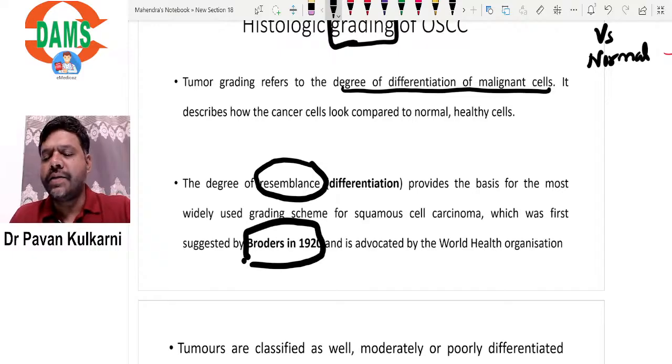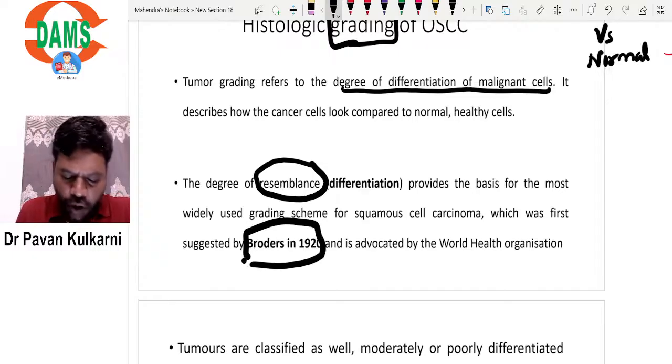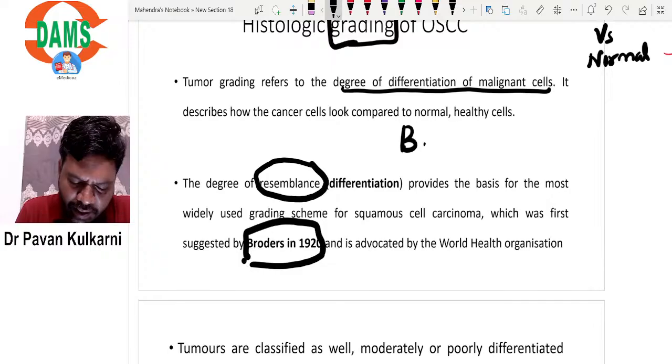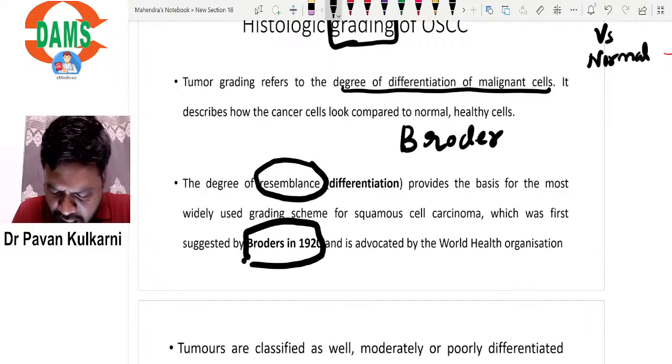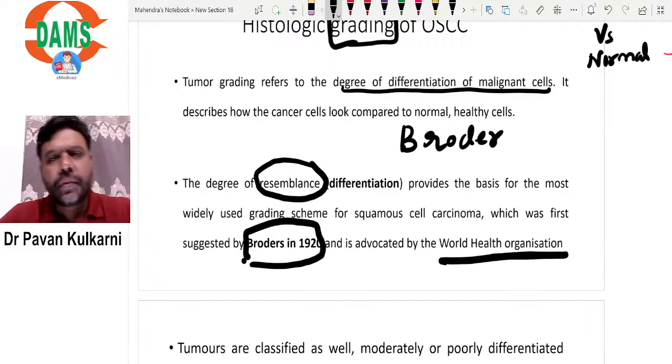Try to understand this: a person called Broder, in the year 1920, gave a grading for oral cancer. Now the WHO has used and advocated the same. So Broder's grading system is still followed.